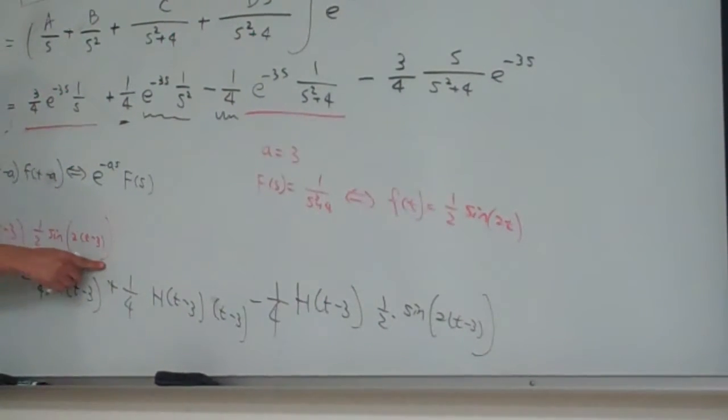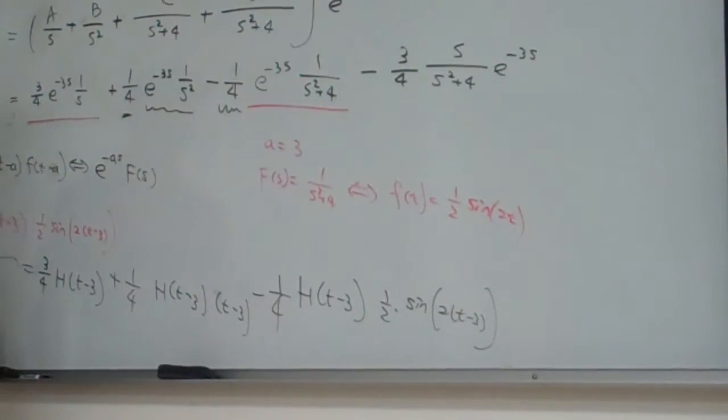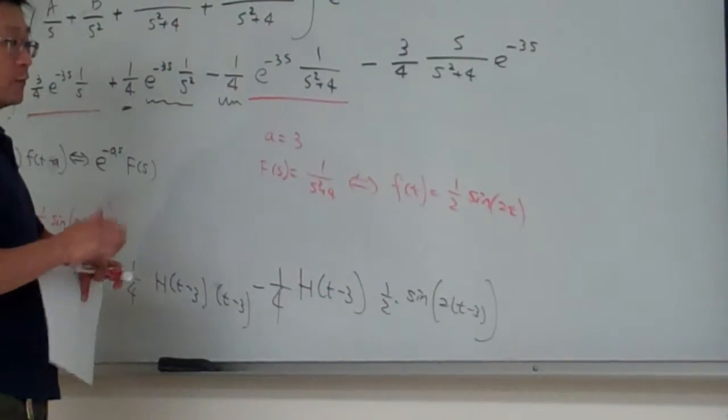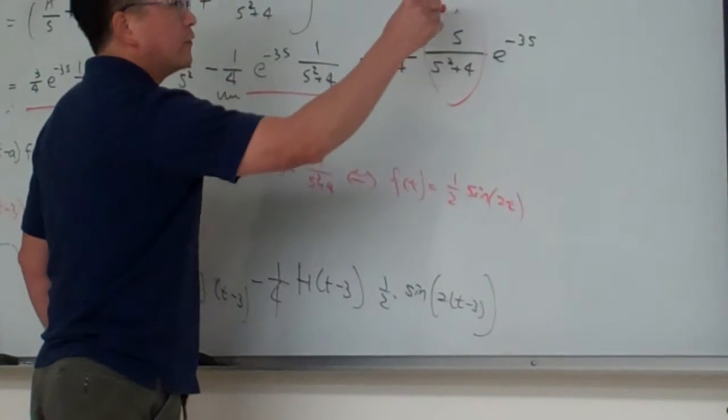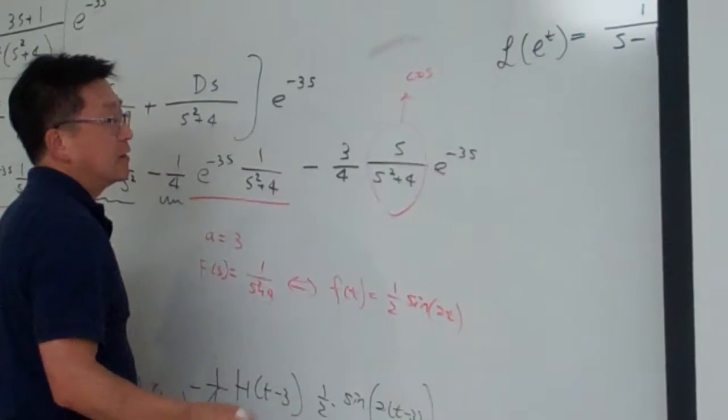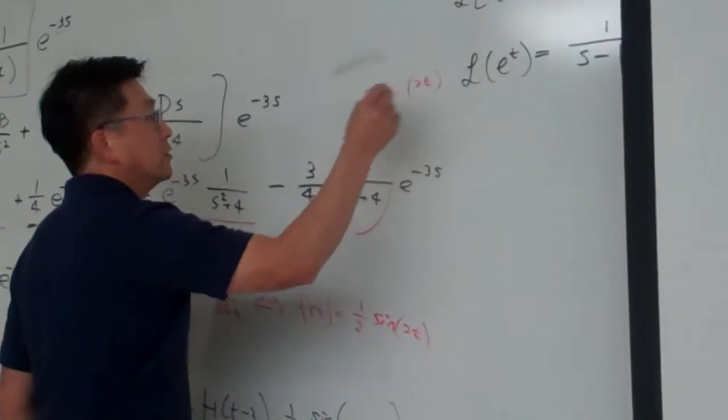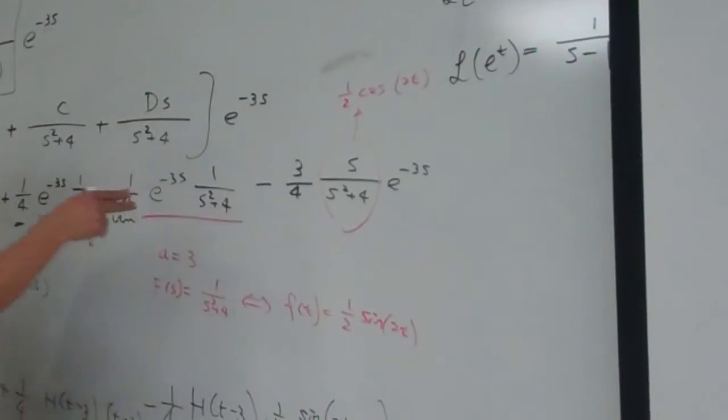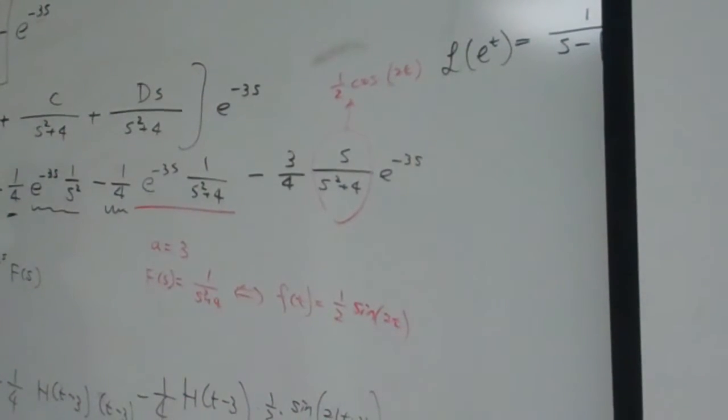Got it? I just copy from there to here. And trust me, you can work on this one. This will give you cosine 2t times half. And you can work on a similar process.